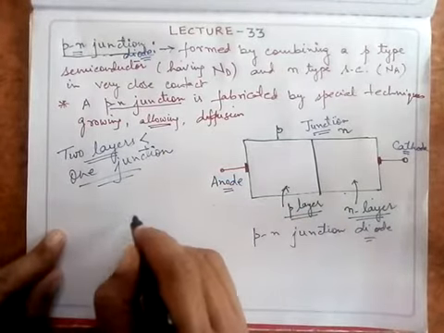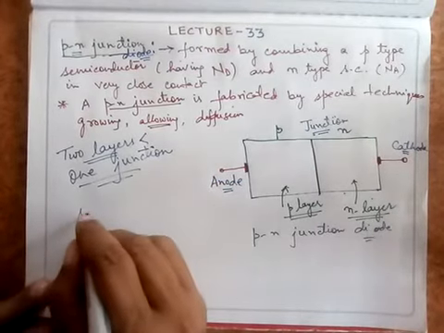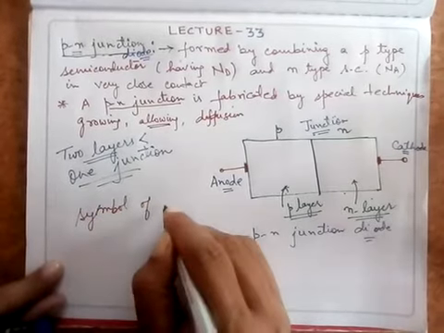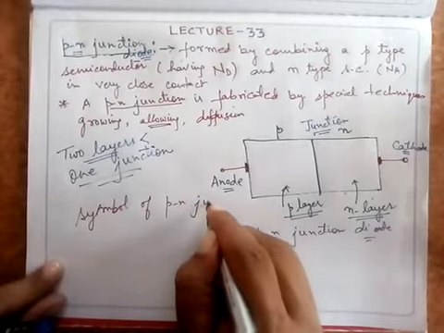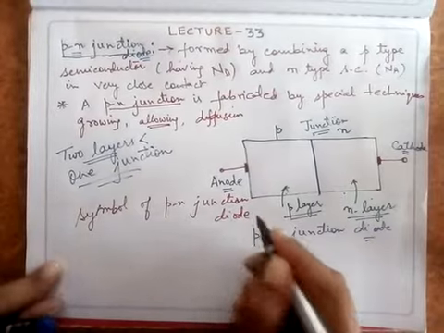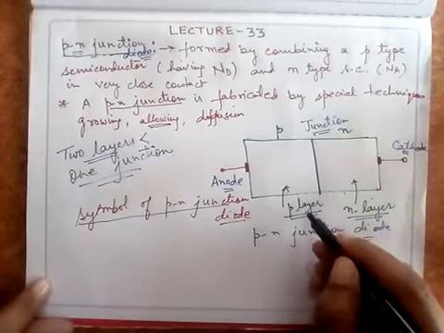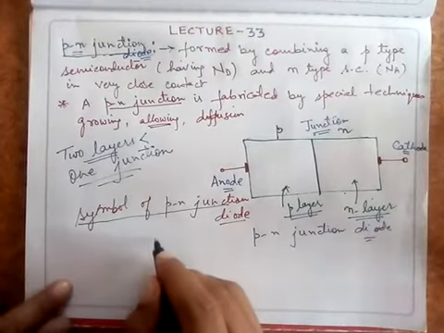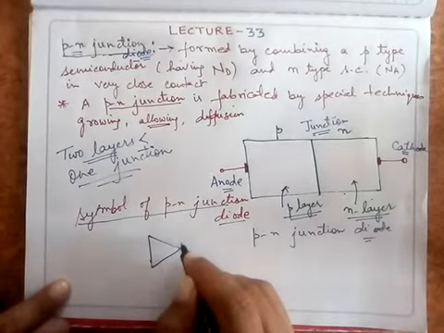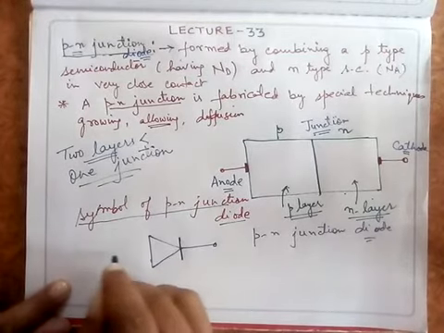And if I talk about the symbol of the PN junction diode, you have this P layer and this N layer, so two layers. I draw a triangle here. The symbol is shown by a triangle, and at one of the vertices I draw a line here, and these are the two terminals.